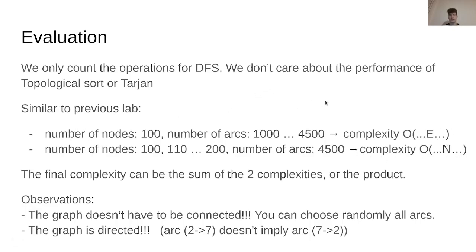So you will have two charts, one for nodes and one for edges. And the final complexity can be the sum of the two complexities. So the sum of, I don't know, e squared plus n squared, or their product, e squared times n squared. You need to figure out which one it is.